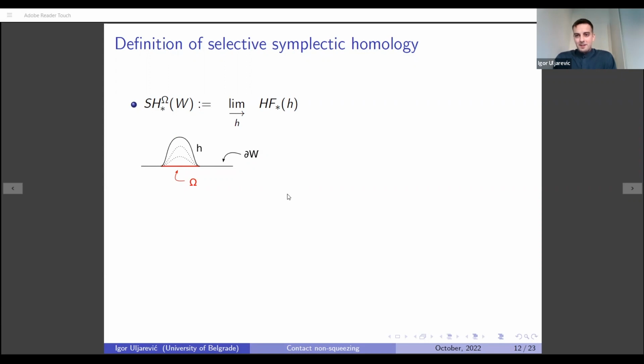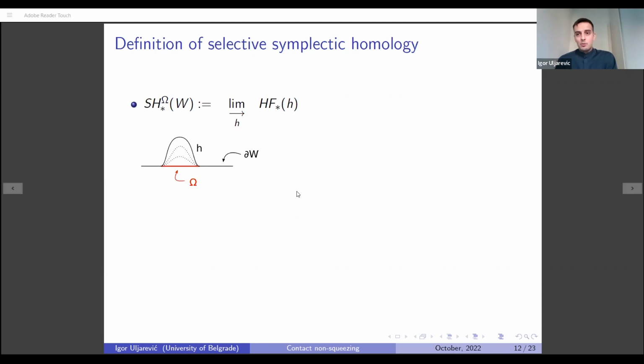However, this is problematic because unless omega is the whole boundary, the contact Hamiltonian H has plenty of one-periodic orbits. Namely, every point in the complement of omega is a constant orbit of H. So this H is not admissible.